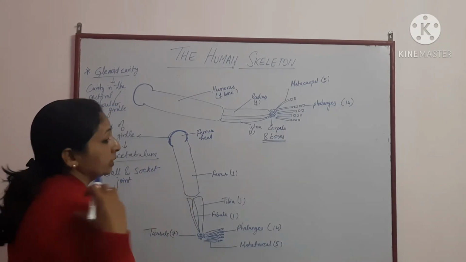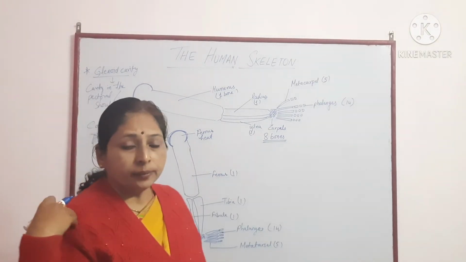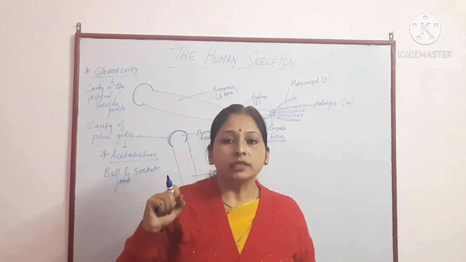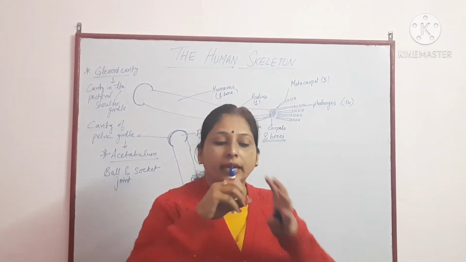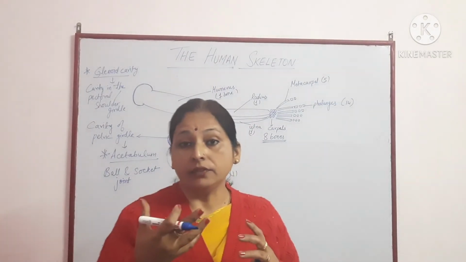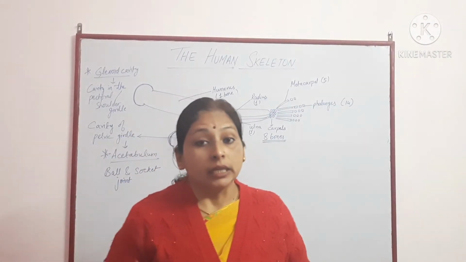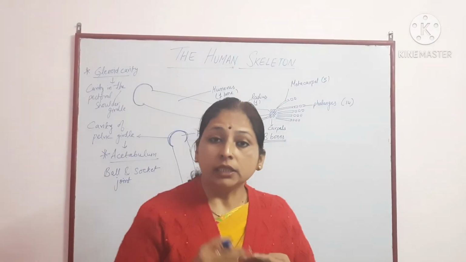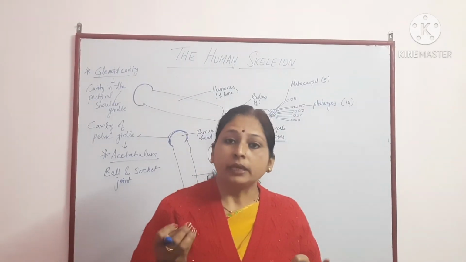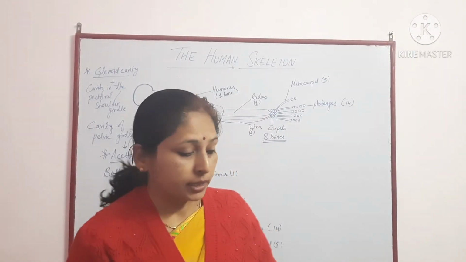So in this cavity of the shoulder girdle the humerus head fits, and that cavity is called the glenoid cavity. The cavity of the hip or pelvic girdle is the acetabulum, in which the femur head fits.